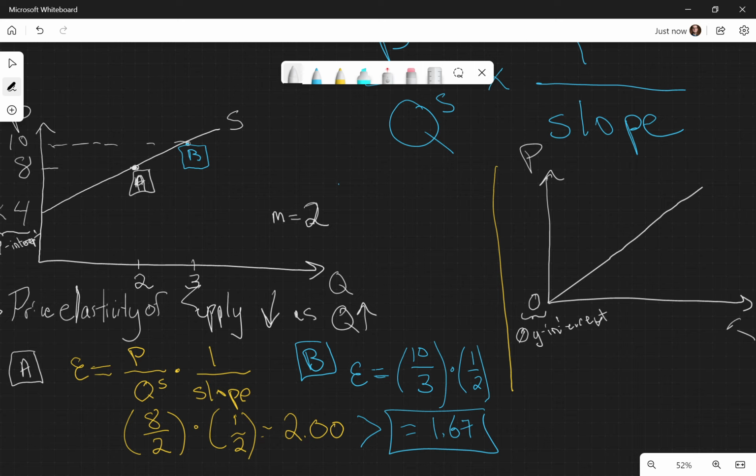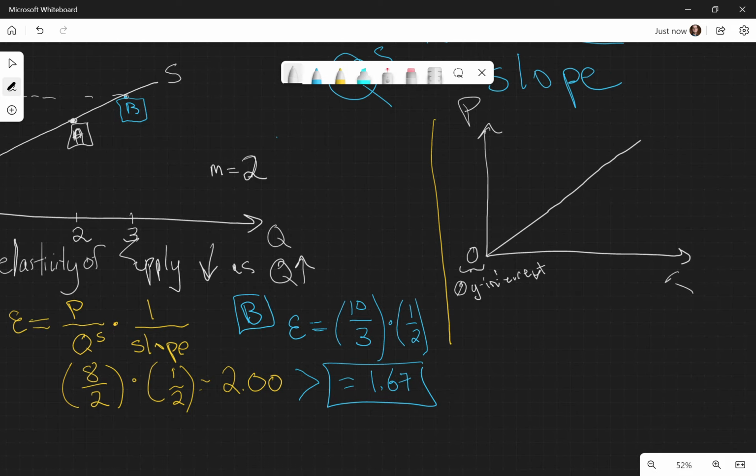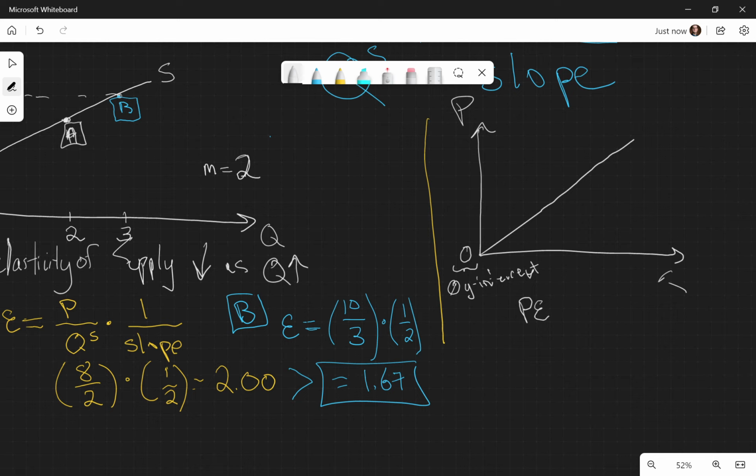So if the supply curve has a 0 intercept, then the price elasticity of supply is going to equal 1. It's going to equal 1 everywhere.